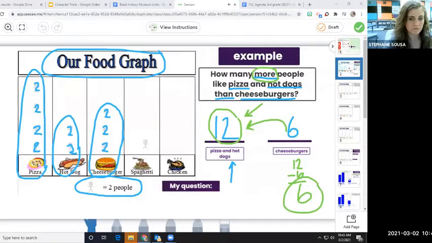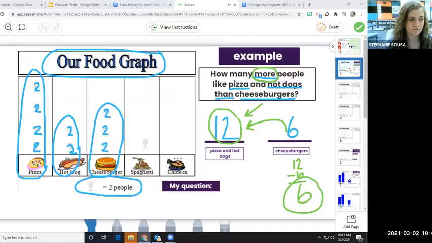Today, third grade, you're also going to be looking at a graph and asking your own question. Remember, we're going to use math vocabulary as we ask questions about a graph. We're going to start with how many more, or how many less, or how many to ask a question.